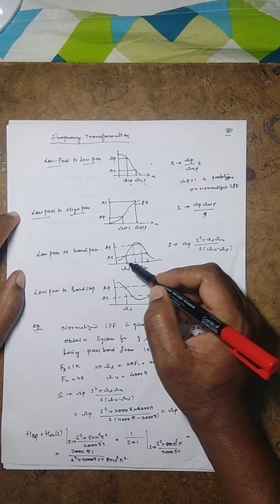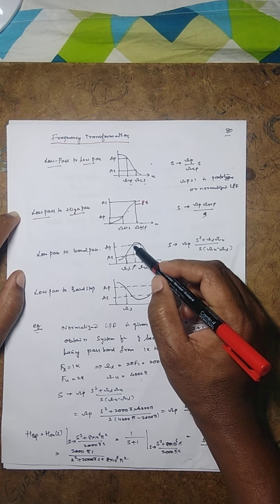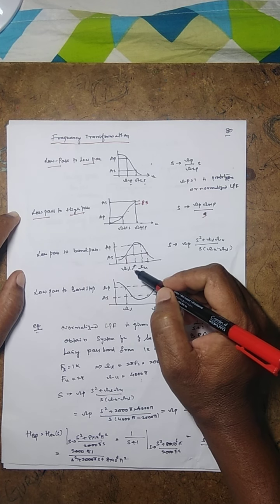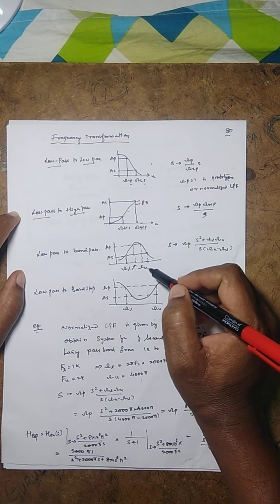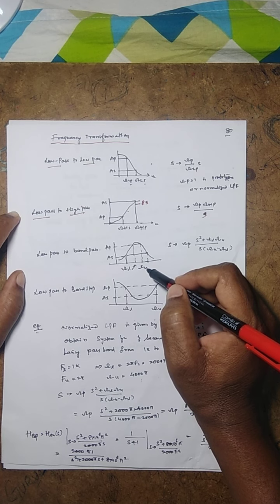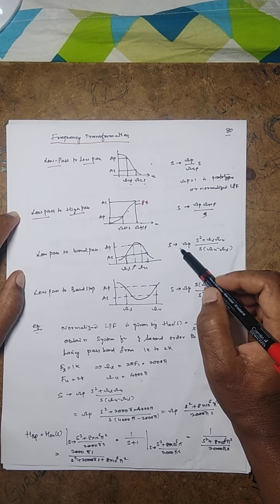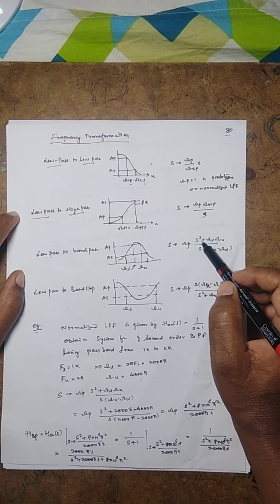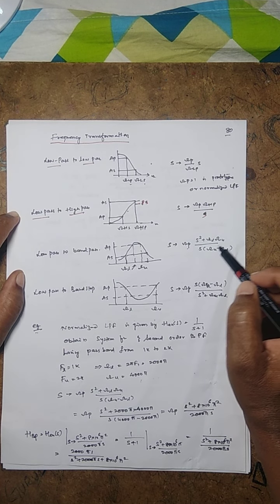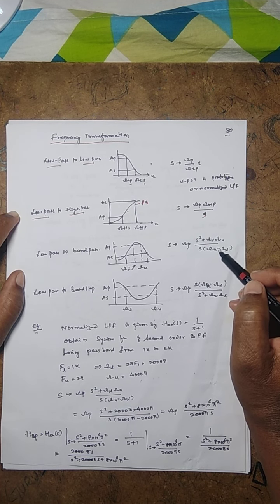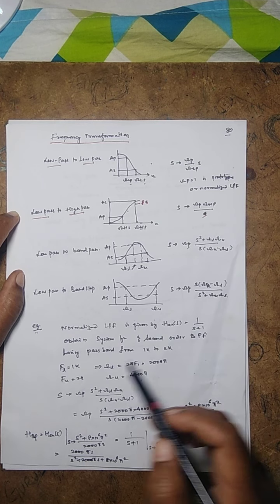This is omega L, the lower end, and omega U, the upper end cutoff frequency. So S is replaced by omega P into S square plus omega L omega U divided by S into omega U minus omega L.